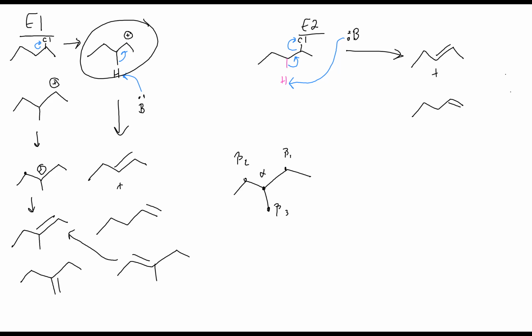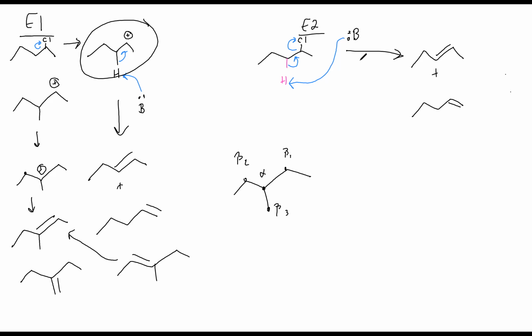All right. So honestly, that is the biggest difference between E1 and E2. It's honestly not as complicated as SN1 and SN2. The big difference between E1 and E2 is that you have that carbocation, which can undergo a shift. Okay? All right.